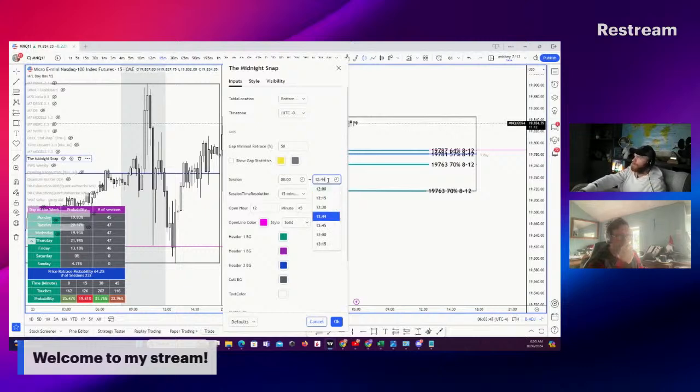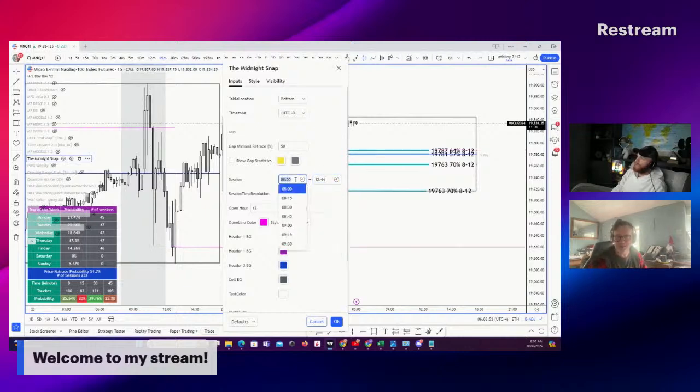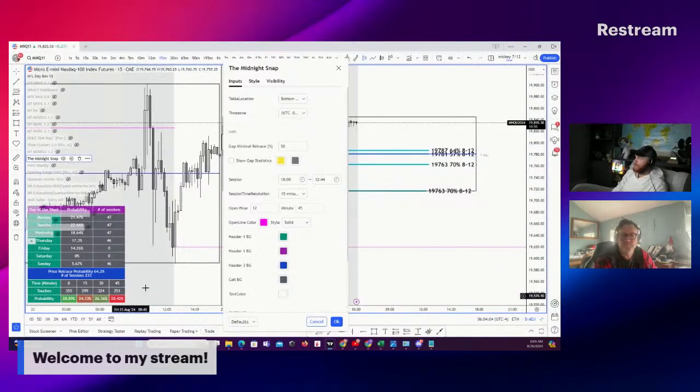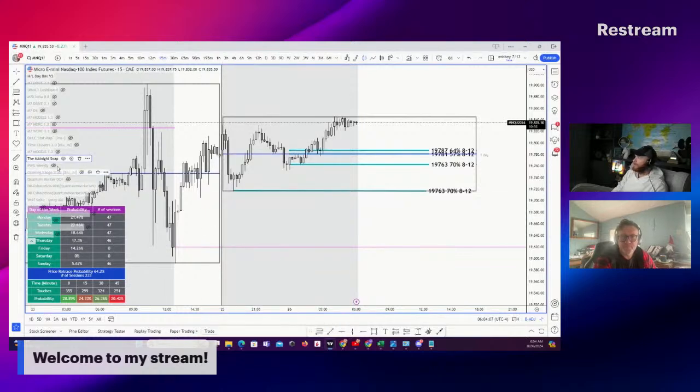That's what it is, because if we go into 12:45, it's calculating it as picking up the days, right? So we'll do 1800 to 12:44. And that gives us a 64% probability.